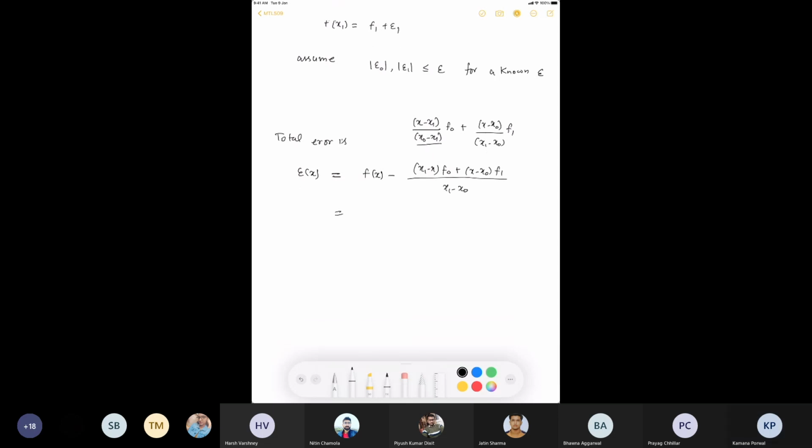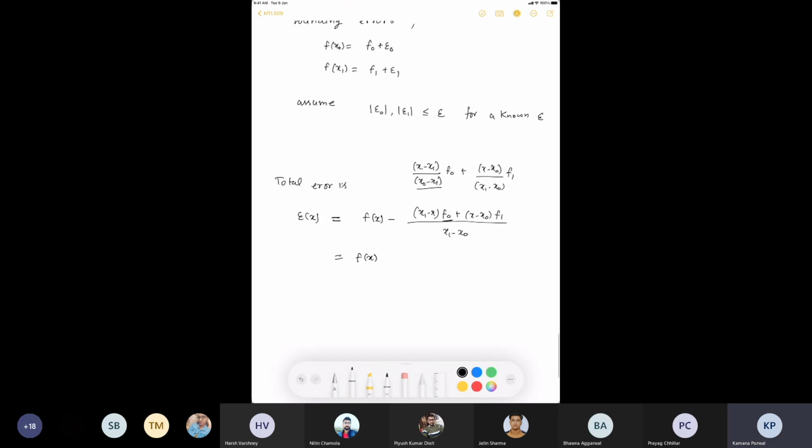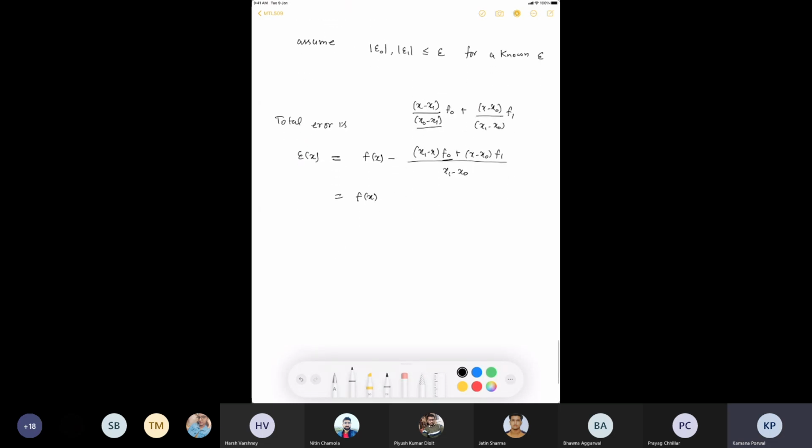So now let's just try to simplify this. f0 is f of x0 minus epsilon naught, right? So I'm just going to substitute here.